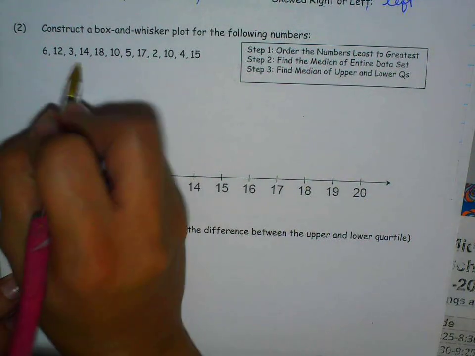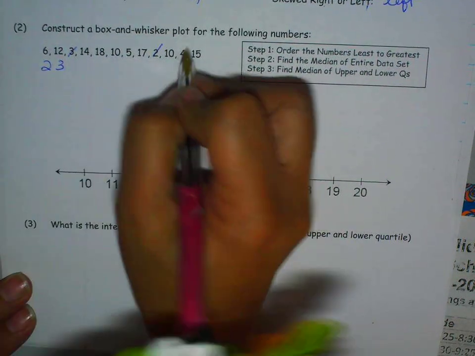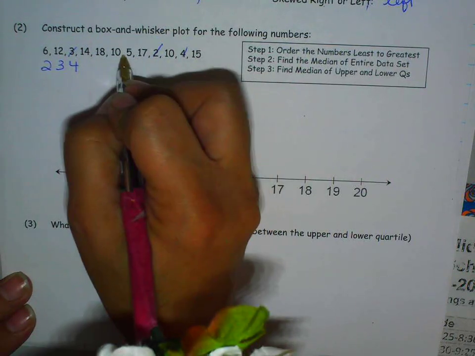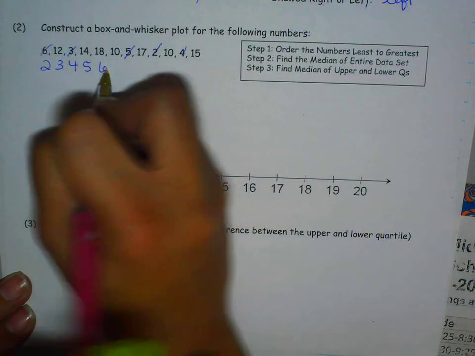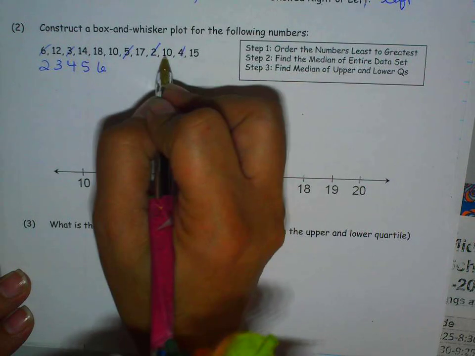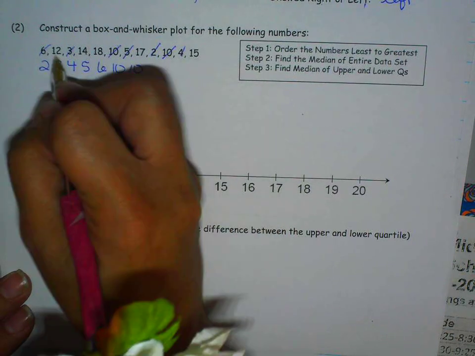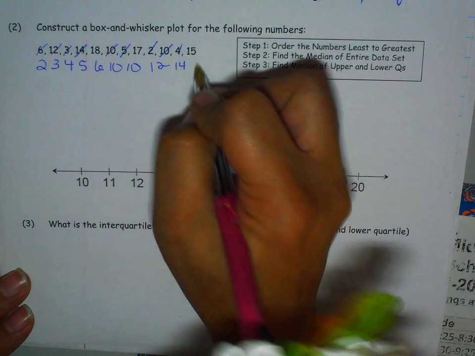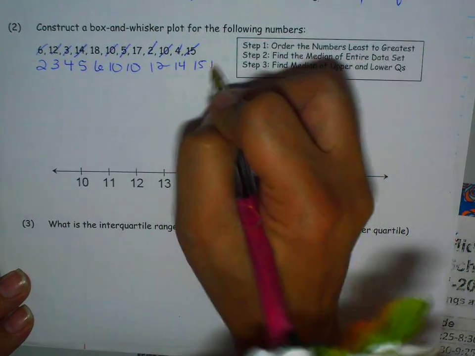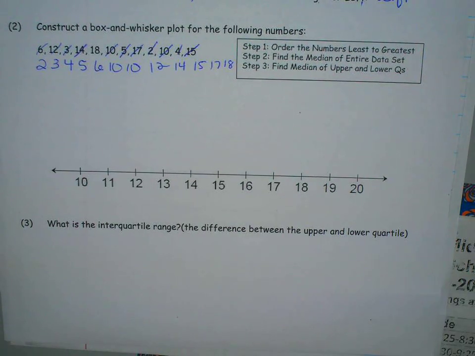So I have 2, 3, 4, 5, 6, 10, and I have another 10, 12, 14, 15, 17, and 18. So I've placed them in order from least to greatest.